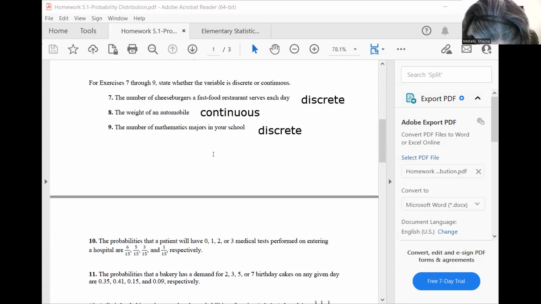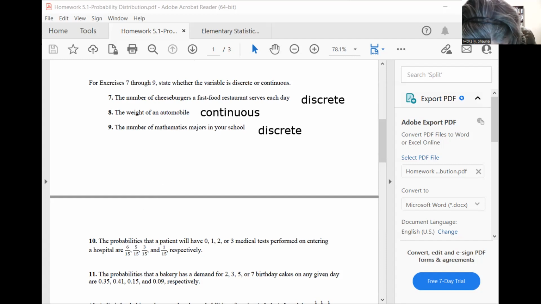Now, we want to decide, I believe here we're looking at whether we have a discrete distribution or not. Let me check the textbook because she seems to have blocked out the instructions.